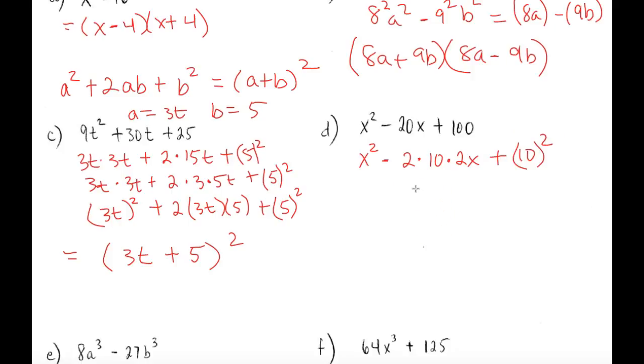Okay, so looking at this, we see here that we have this 10 here, so we can consider that to be a b, and we can consider the 2 to be the a here. So if we rewrite this, this will be 2 times 2x, and then this will be 10 right there.